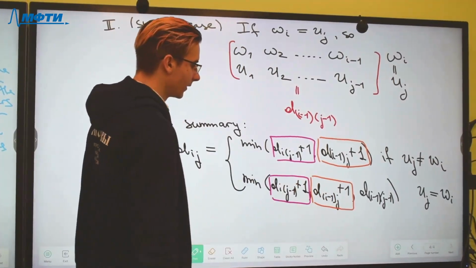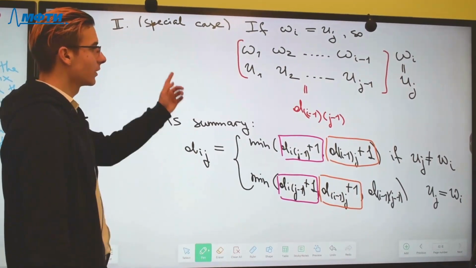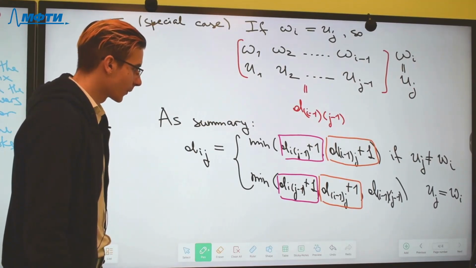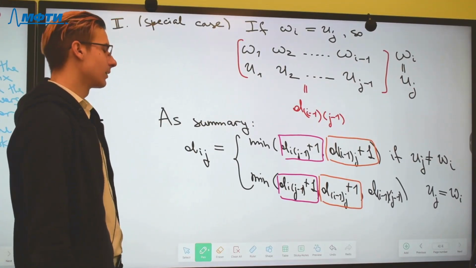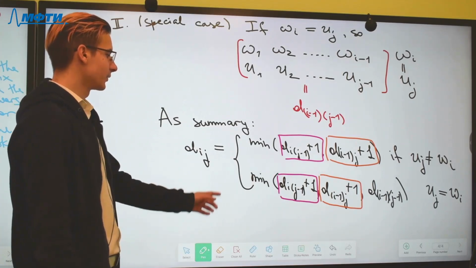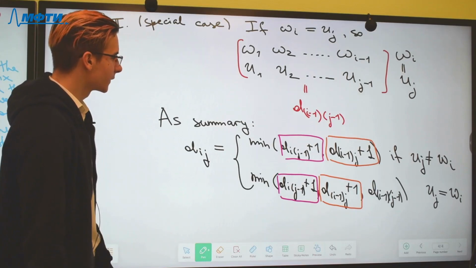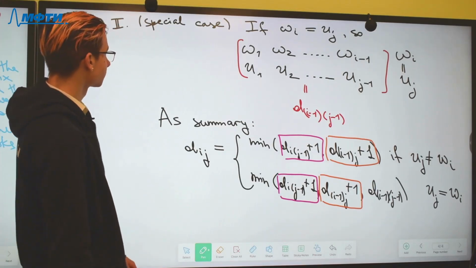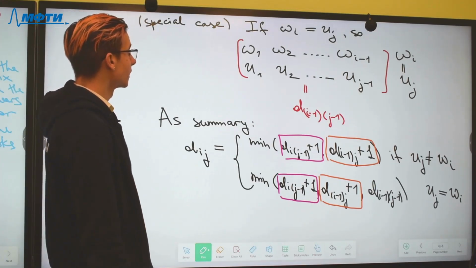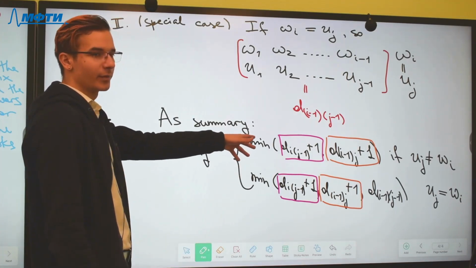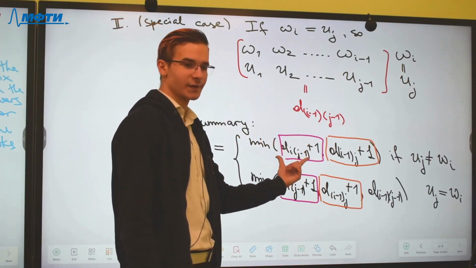And the last is a special case when the last characters are equal. And we see that due to this recurrent formula, we can solve this task with dynamic programming, with the memorization of solutions of these subproblems.